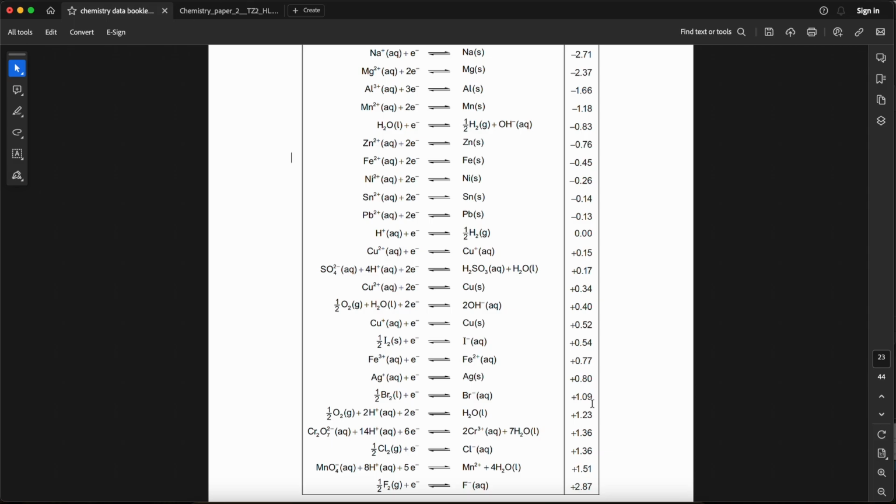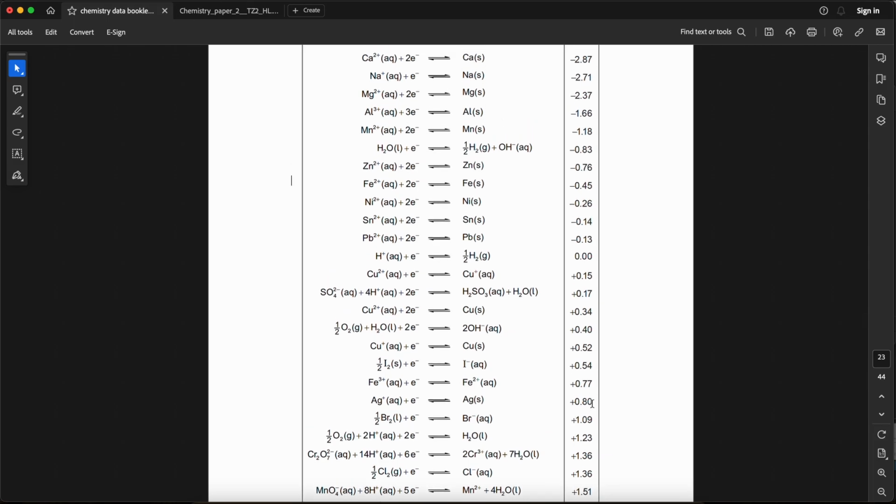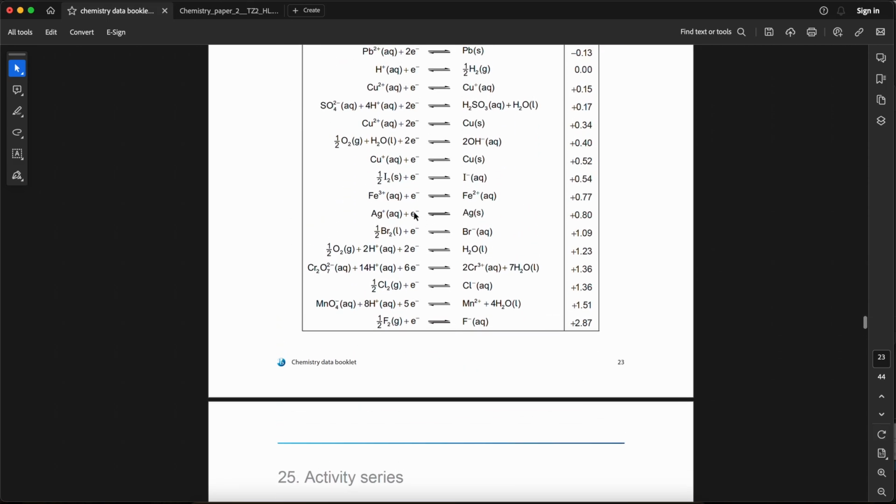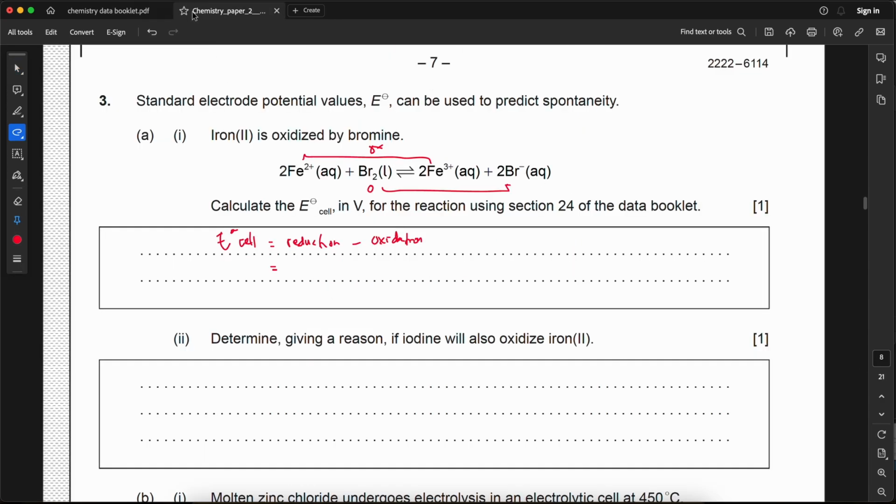And then for Fe, Fe2+ to Fe3+, that would be this one. Okay, so reduction is plus 1.09 minus plus 0.77, you get 0.32 volt.